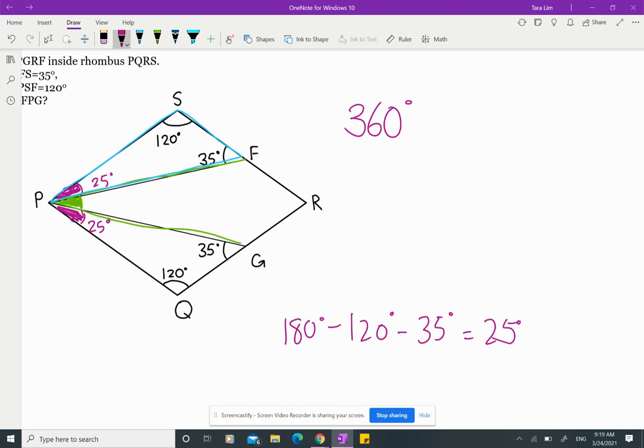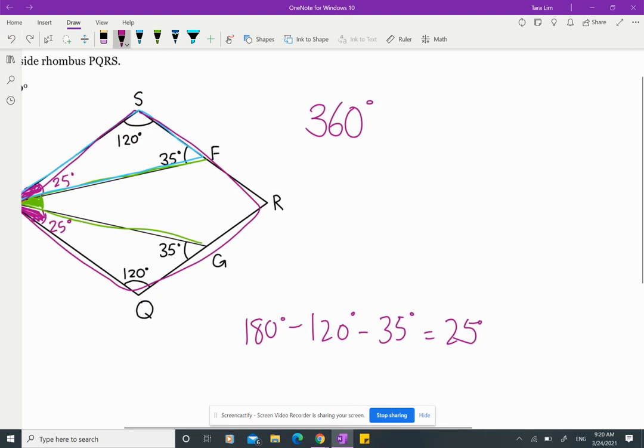So here we just want to focus on the big rhombus over here. We can just ignore the small ones right now. So now we can see there are two 120 degrees over this rhombus, so first of all, we need to minus both of them.